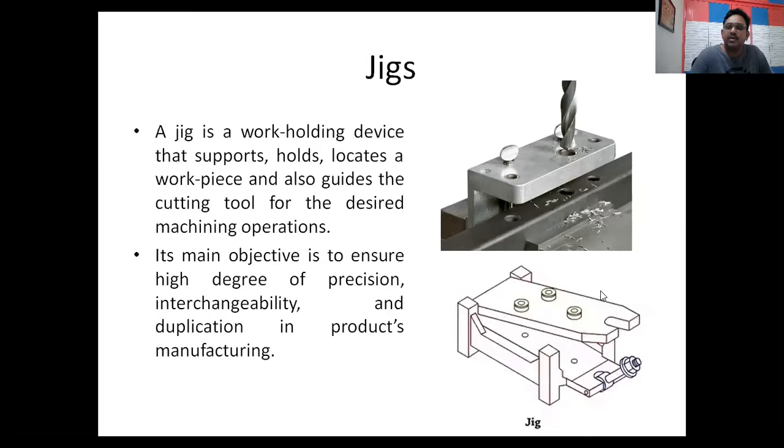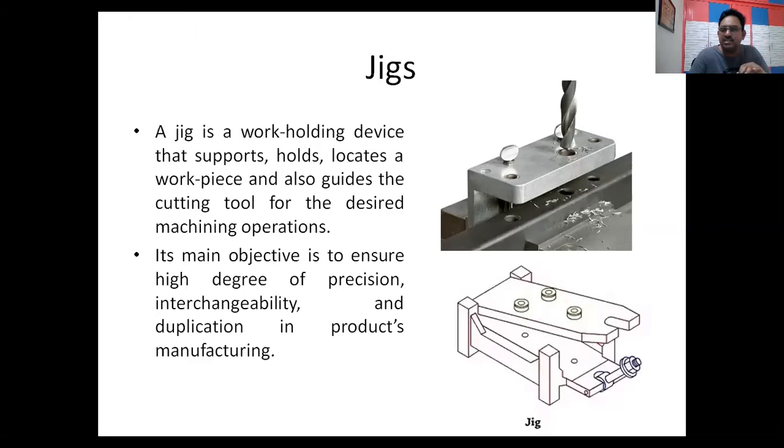And you have guiding bushes, drilling bushes, holes are there. So bushes will be provided. So I can easily make 3 holes on all the parts, and the workpiece will be inserted here, and we can take out the workpiece and we can insert one more workpiece. So we can produce these holes or drilling operations at a faster rate.